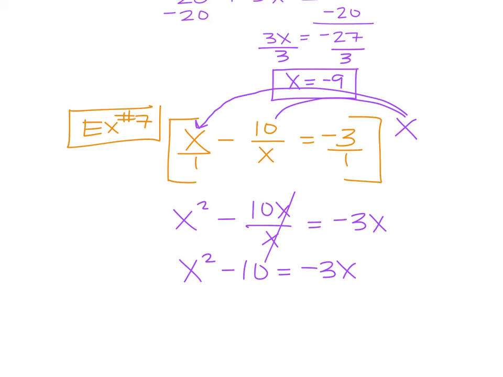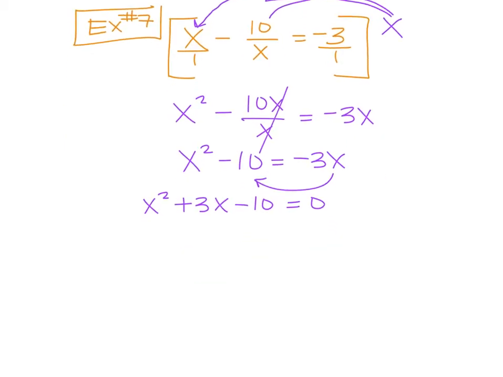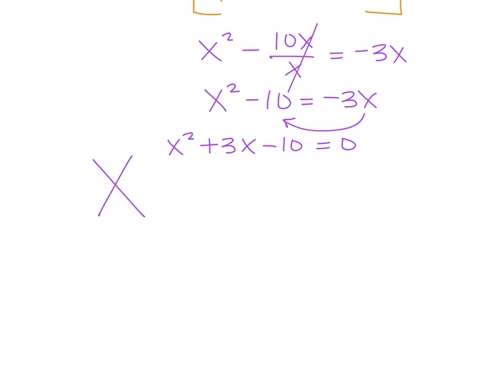The star method, right. You're factoring essentially, right? So we're gonna move that 3x over. We're gonna add 3x and just move it this way. So x squared plus 3x minus 10 equals 0, and we're gonna factor. So from here, if you do star method, okay, negative 10, what can you multiply to get negative 10 that you can add to get 3?